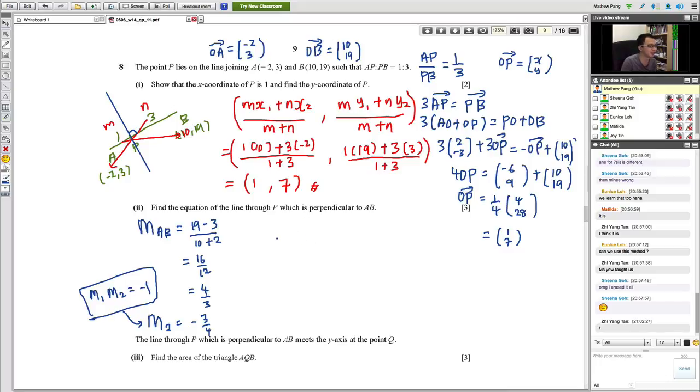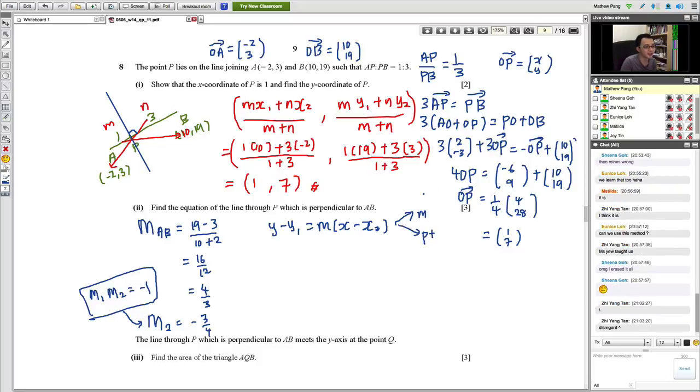Then I substitute into the equation. Because y minus y1 equals m times x minus x1, you need to have two pieces of information. One, you need the gradient. Second, you need a point. So the gradient I have already is negative 3 over 4, and the point of P is 1, 7. I just substitute everything here.